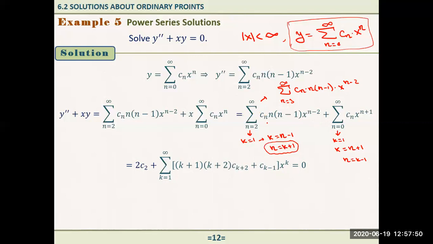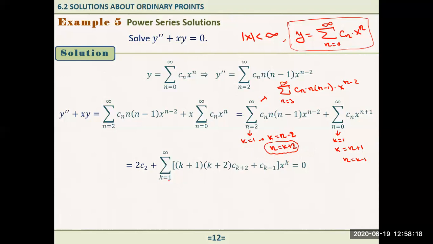For k to start with 1, 2 units, we should write k equals n minus 2. At that time, n will be k plus 2. You see here, when n equals 3, k will be 1, because 1 plus 2 equals 3. So for k, we need to substitute n minus 2, or for n, we need to substitute k plus 2.